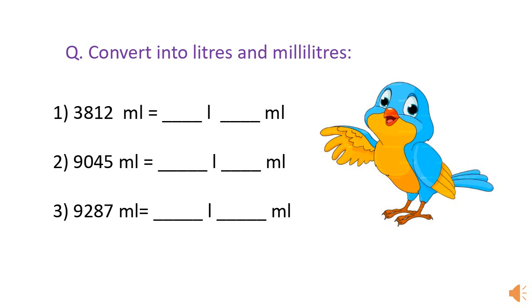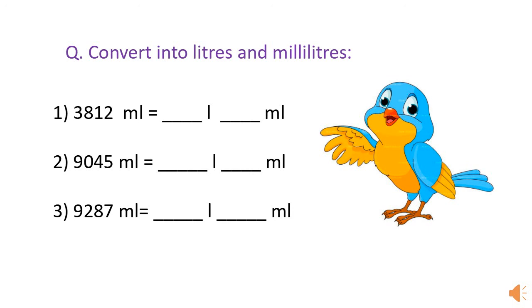Now as I said, when the milliliter number is divided by 1000, as 3 zeros are there in 1000, the last 3 digits will be for the milliliter numeral, and before that whichever number is given stands for the liter numeral. Okay, the quotient is your liter number and the remainder will be your milliliter number.